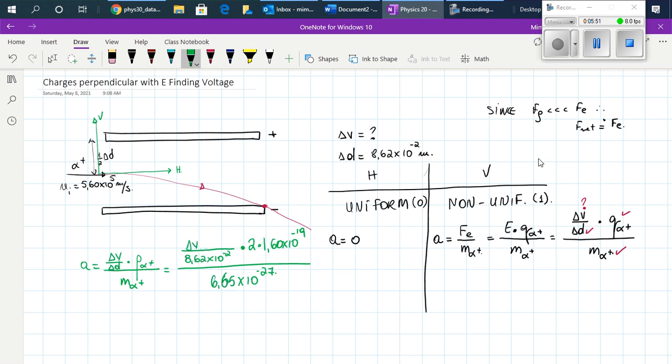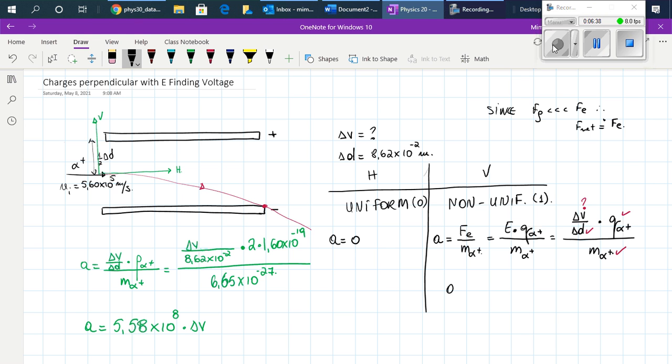So when you enter this information in your calculator, you should have something like 5.58 times 10 to the power of 8 times delta V. So we take this relationship and plot it here as the information about our acceleration.